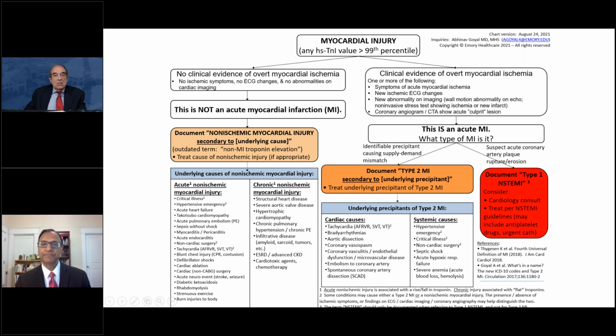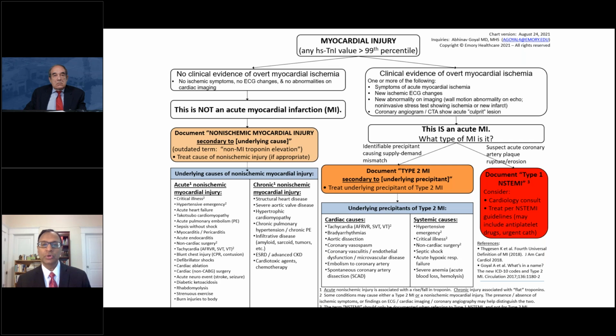Then you have to determine whether it's a type 1 MI, where it could be acute plaque rupture, in which case cardiology consultation, urgent cath, and treating per guidelines is recommended, or if it could be a type 2 MI secondary to one of these underlying causes. In that instance, the management is really to manage the underlying cause.